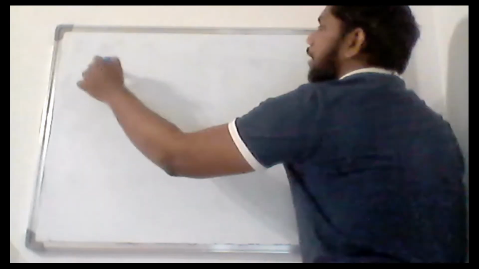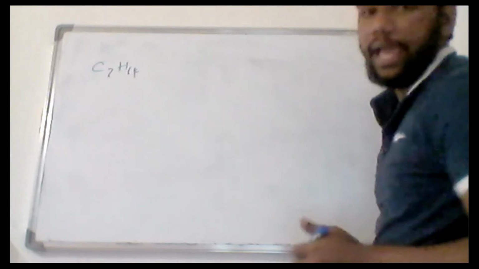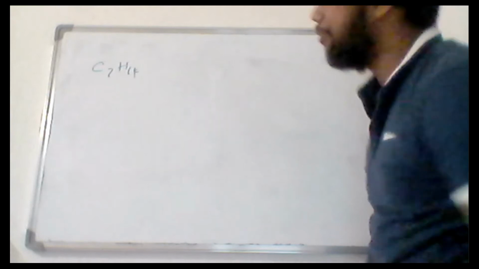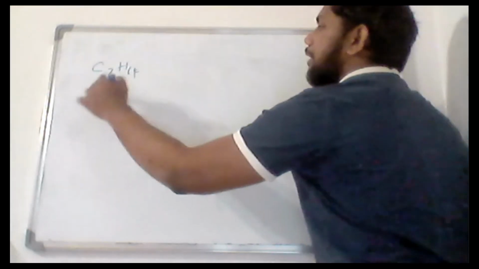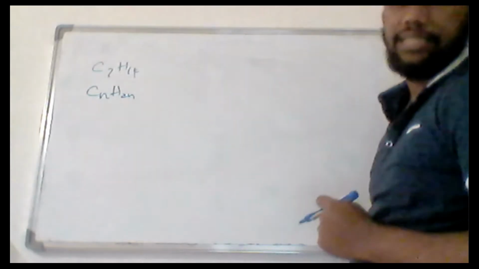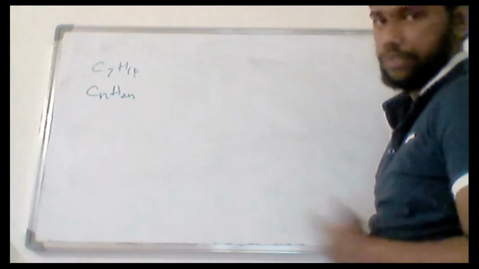Okay, so the idea is now here they have given C7H14, which means you need to understand this is an alkene, because for alkenes the formula goes like CnH2n.